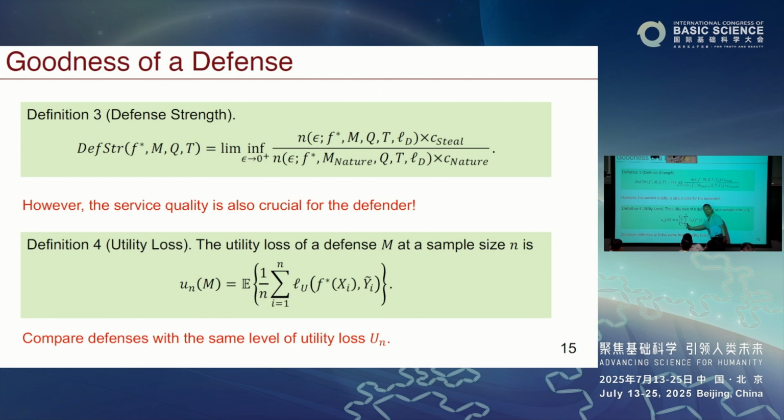This is the average. We call that the utility loss. If we don't do any noise addition, of course, the utility loss is just zero. Then everything is good for the customers, but we risk our model being stolen.